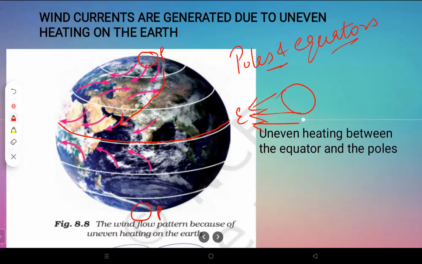I'm repeating. The air at the equator rises because the equator gets maximum heat from the sun and warm air always rises upward. And the cooler air from the pole region takes its place. Let me tell you.